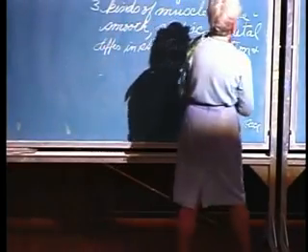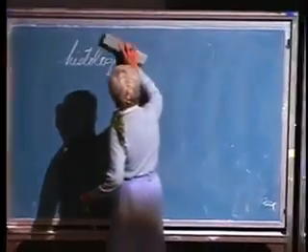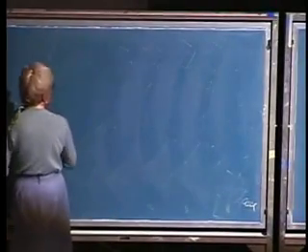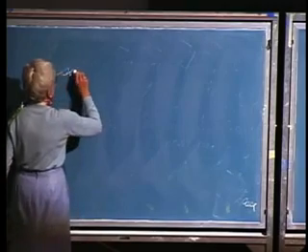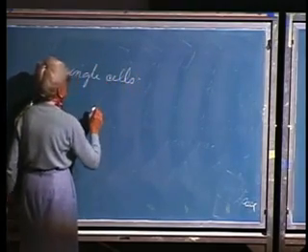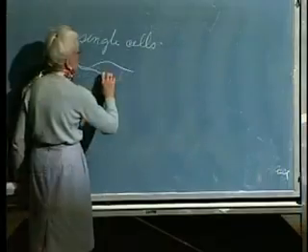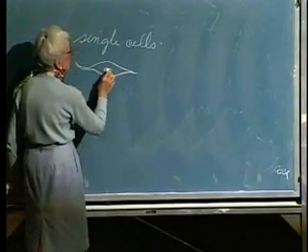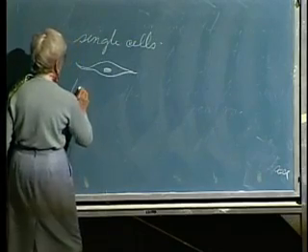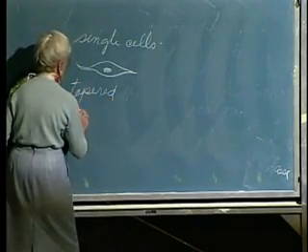Now, as we look at this muscle, it consists of single cells, and these cells are tapering. They have a central nucleus.